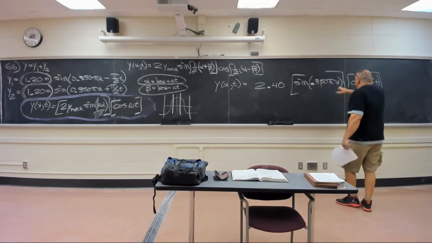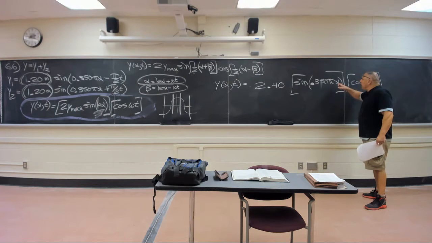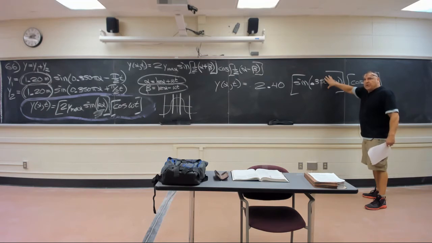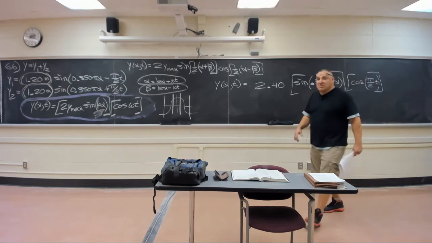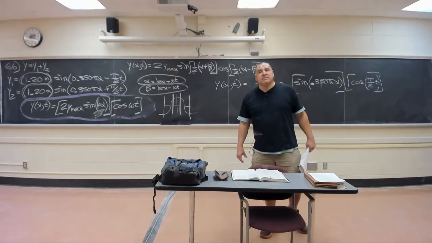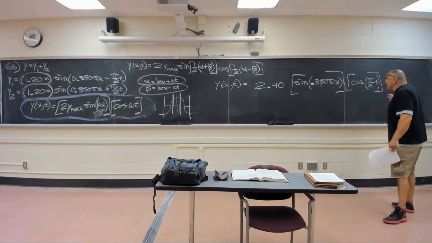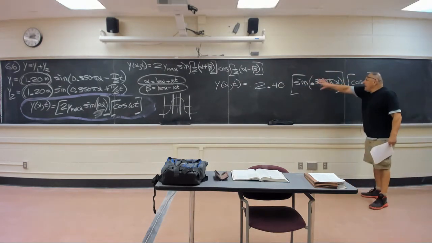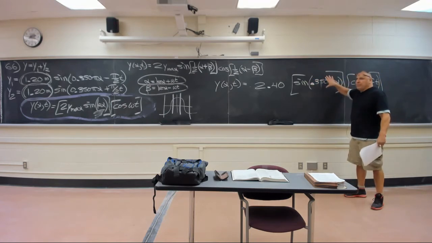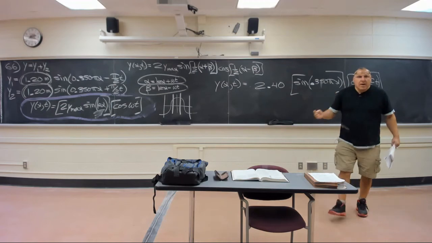The real big thing here, guys, is that the biggest value that you could have for the sine function is if what's inside the argument of the sine function were pi over 2, or something that would give you the sine that pi over 2 would give. As far as the biggest magnitude, the sine of pi over 2 radians is 1.